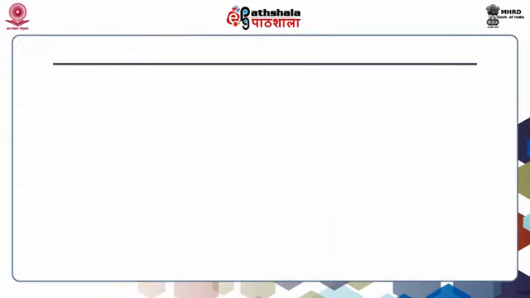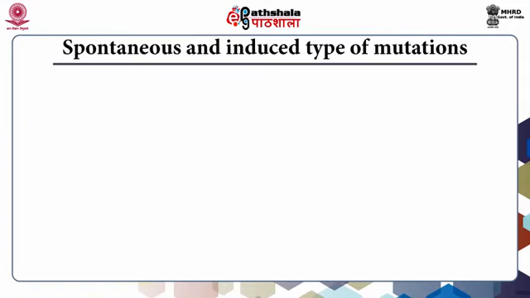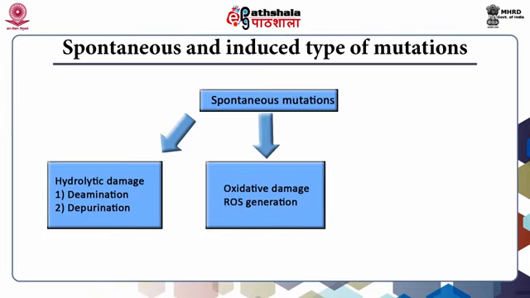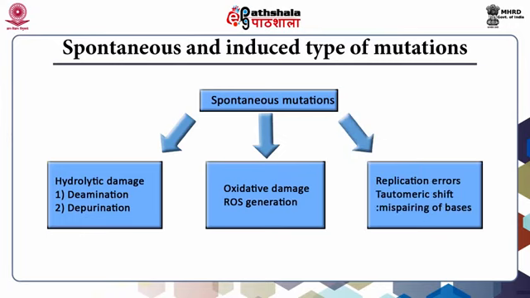Then comes the second type of mutation, the spontaneous mutations. Spontaneous mutation can be categorized in three categories: hydrolytic damage, wherein deamination or depurination occurs; oxidative damage, very commonly caused by reactive oxygen species generation; and the third type, replication errors or tautomeric shift, which cause mispairing of bases.